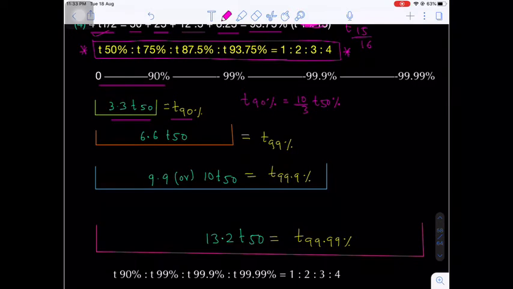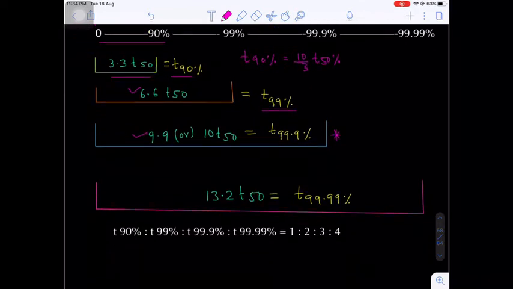From 0 to 99%, let's suppose 99% completion of a first order reaction will require 6.6 times of the T50, and 99.9% completion will require 9.9, or about 10 times of the T50. So this is one of the characteristic points. For a first order kinetics, the time required for the completion of 99.9% of the reaction will be equal to 10 times of the half-life period.